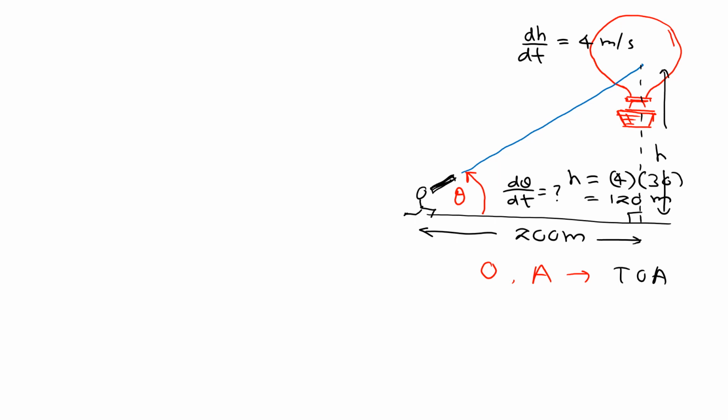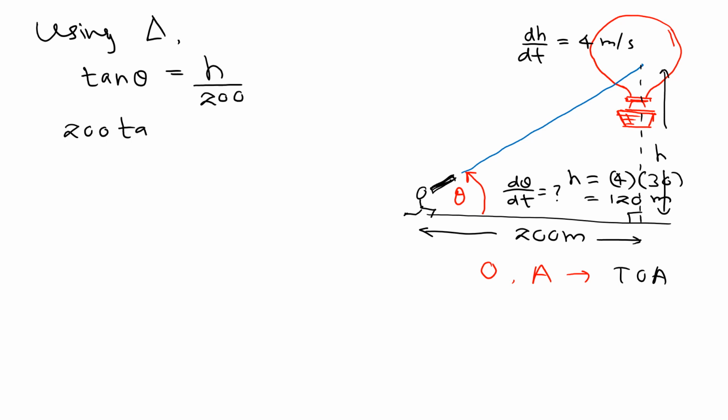Using the triangle, we can write tan theta, which is opposite over adjacent. Opposite is h, the adjacent is 200. If you cross multiply, you can write this as 200 tan theta equals h.